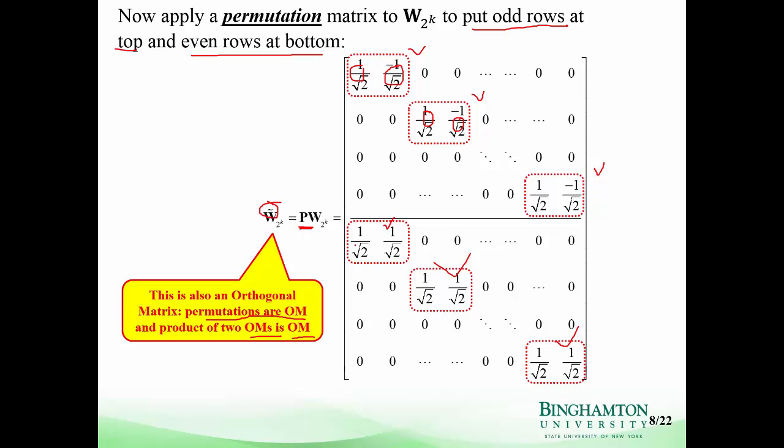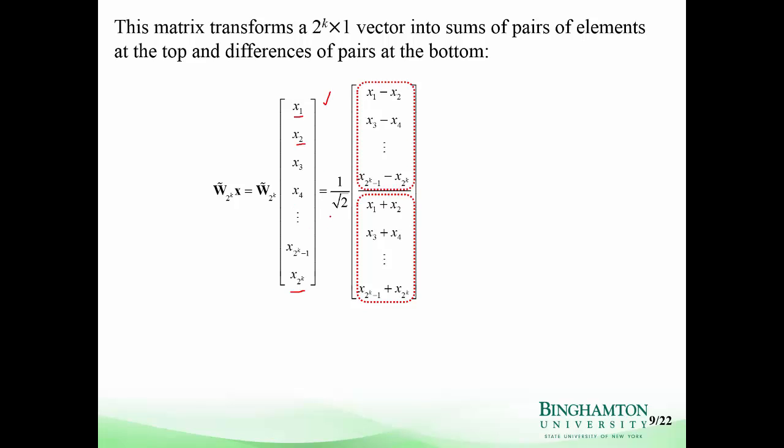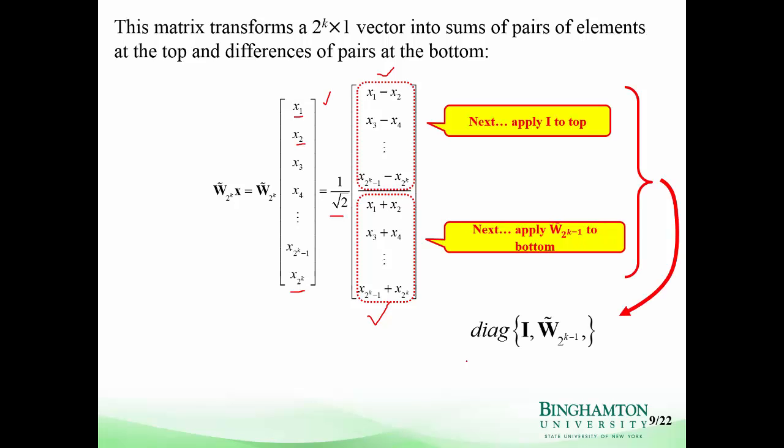And this will be the first element plus the second element, third element plus the fourth element. And I'm not saying the divide by square root of 2 because it's obvious that that's there. But the important thing is that the top is implementing a subtraction and the bottom is implementing an addition. So we pull the 1 over square root of 2 out in front, and we can see that all the stuff on the top is taking differences and the stuff on the bottom is taking sums.